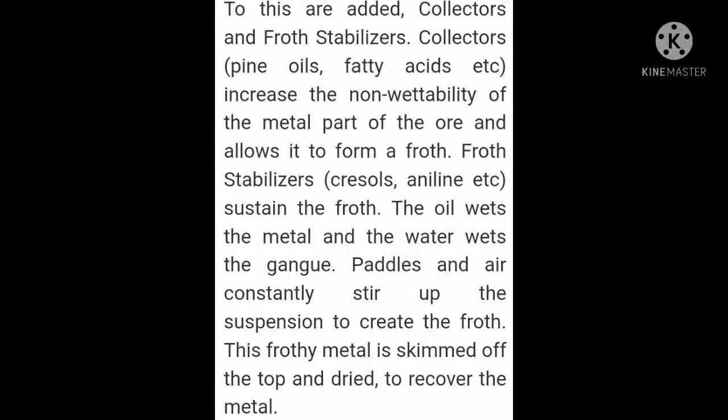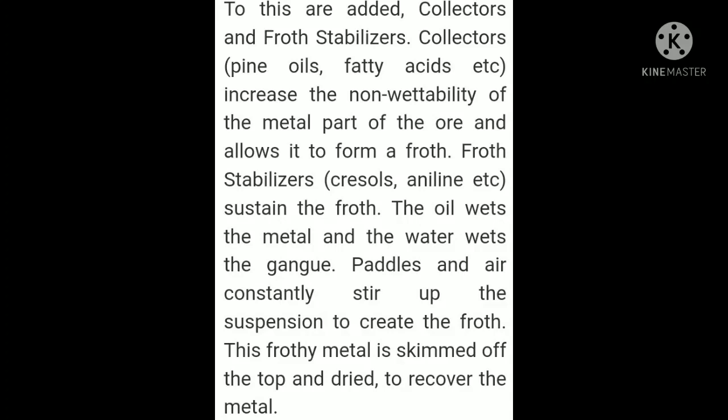Ore and gangue are the two main things in the concentration of ore. We want to remove the gangue particles from the ore. So in this technique they increase the wettability of the ore with the oil and the gangue with the water.